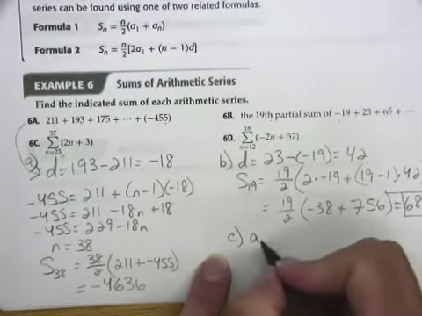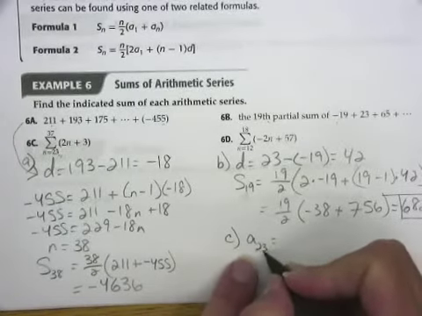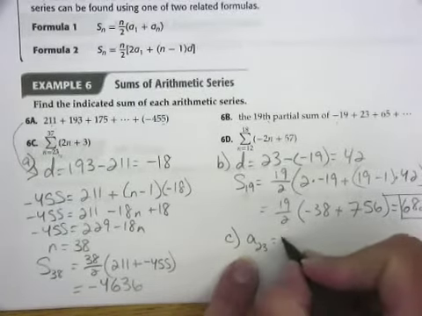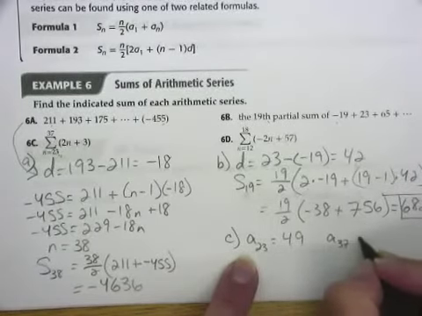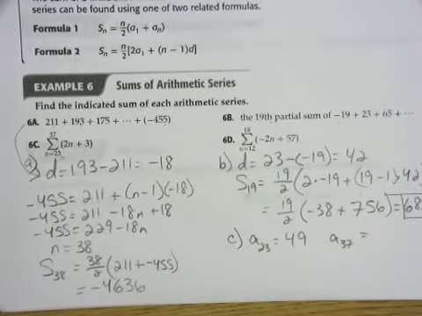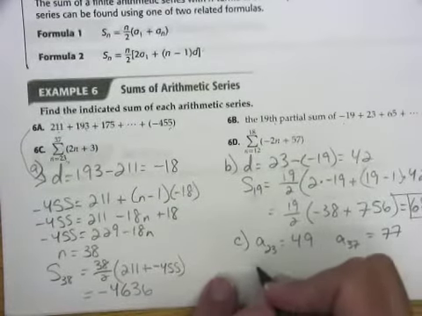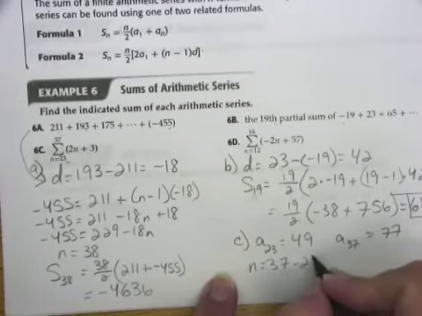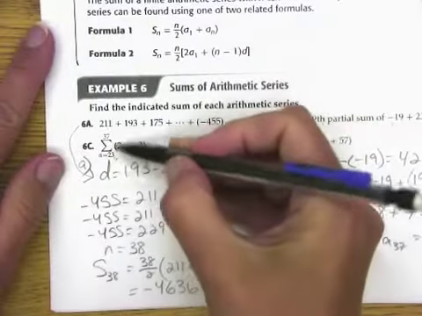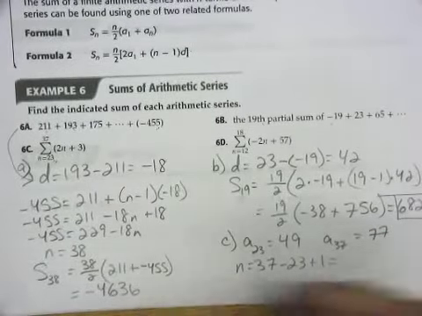Okay, so a sub 23 is 2 times 23 is 46, plus 3 is 49. A sub 37 is, well, 2 times 37 is 74. 74 plus 3 is 77. So my n is 37 minus 23. That's the difference of these two numbers. But I have to add 1 to that.